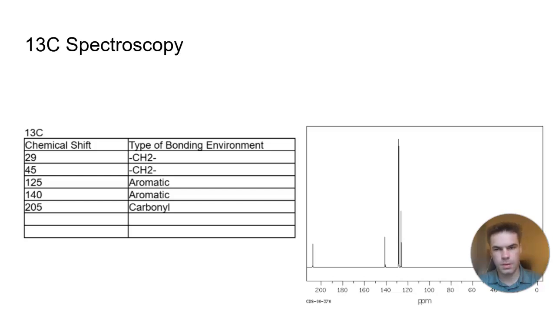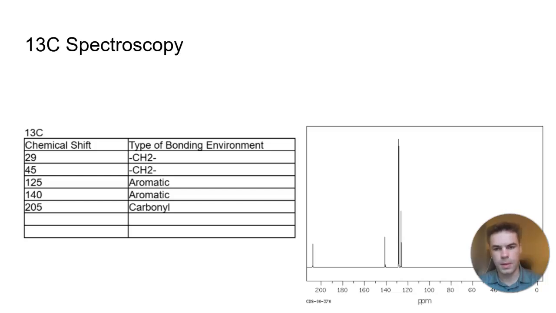There are a couple of shifts at about 125, which is an indication of an aromatic carbon. And this also goes for the chemical shift at 140.